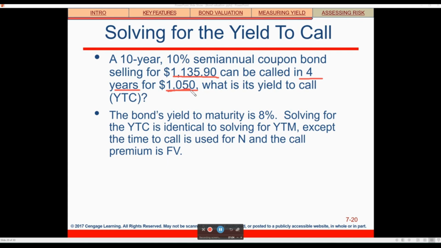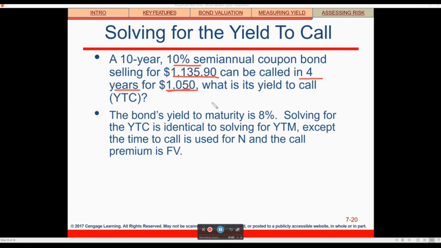To compute your yield to call, you're going to use your bond price, your call price as your future value, and your number of periods until the bond is called as your years to maturity. Your coupon will not change. It will be 10% of your face value, which was 1,000.